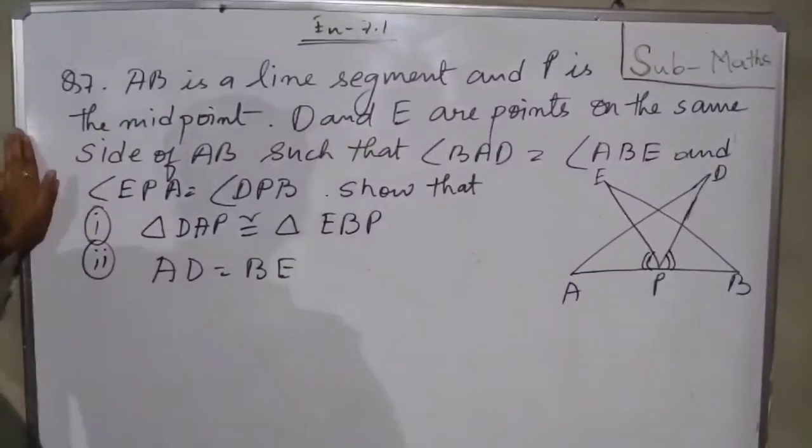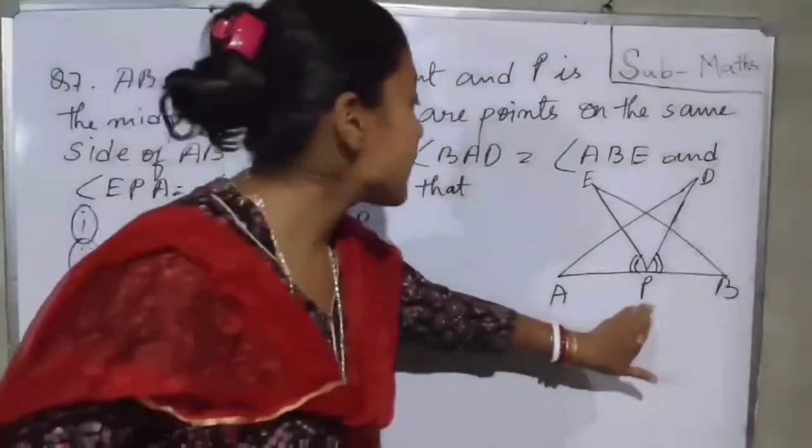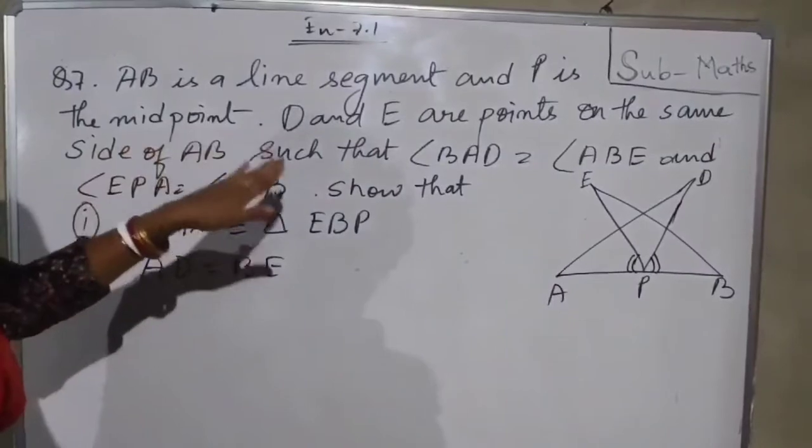Now we see question number 7. AB is a line segment and P is the midpoint on AB.